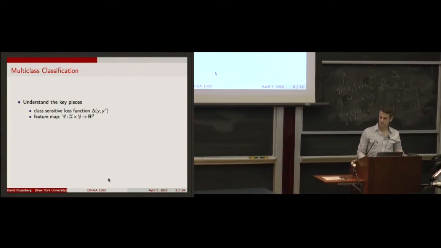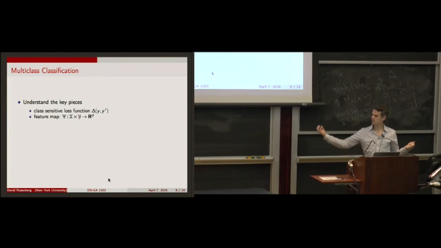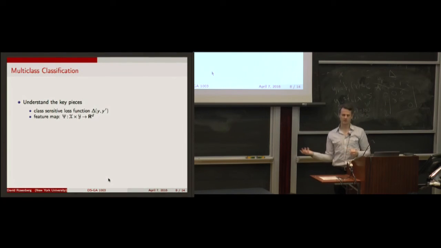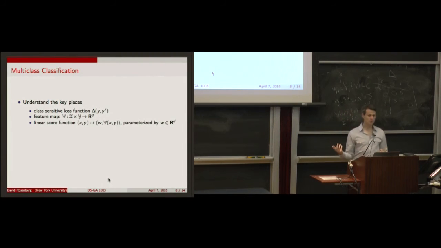We have our feature map, which in the multi-class case takes an x and a y, and you think of it as encoding the compatibility between x and y. Then we have our linear score function, which is a single number scoring how compatible x is with y. This is linear. We only talked about linear multi-class.